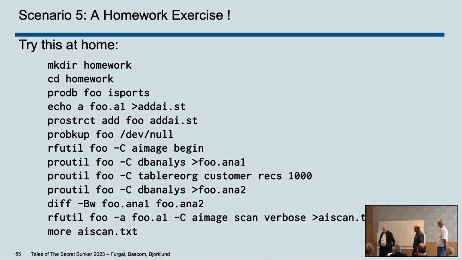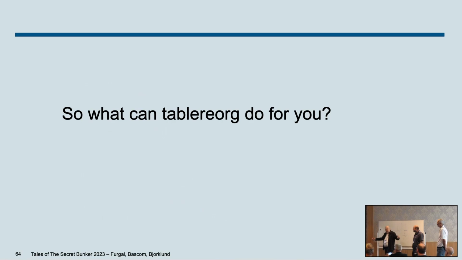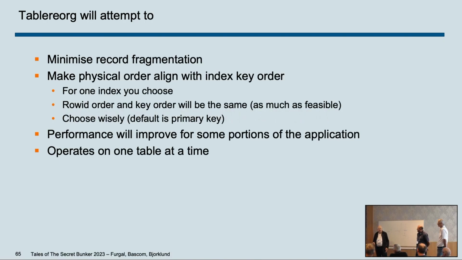But I do know what it does. All right. So that's the end of our data that we've collected. What is table reorg going to do for you? Well, it's going to minimize record fragmentation, and we think, based on our results, that it's going to do a pretty good job about that.